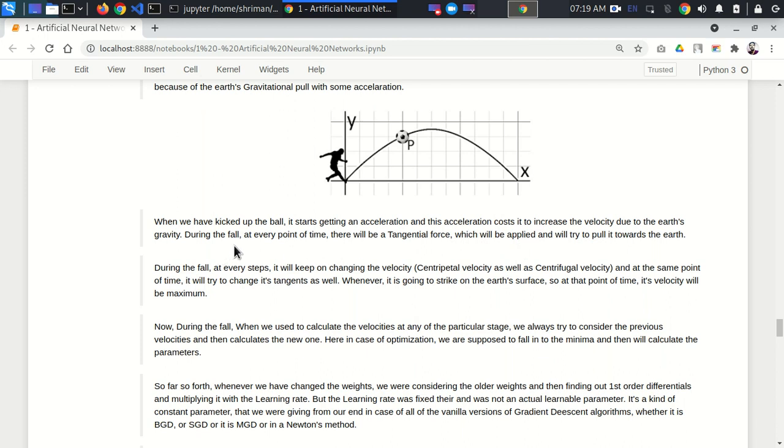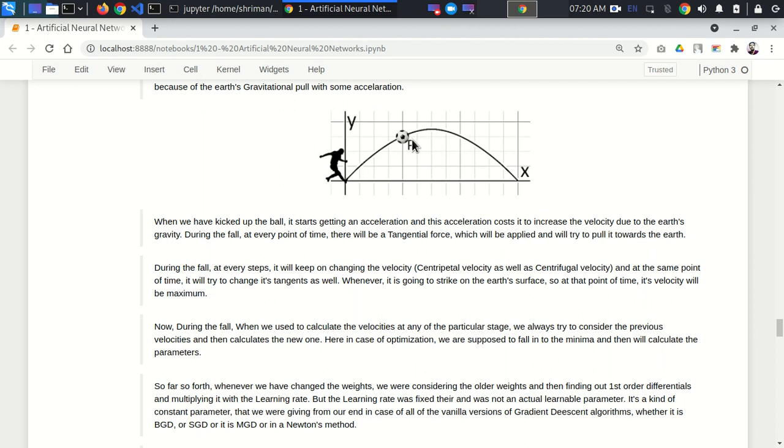Now during the fall, or during the trajectory, at every point of time there will be a tangential force, right? At every point in this trajectory, a tangential force will be applied and will try to pull it towards the earth.